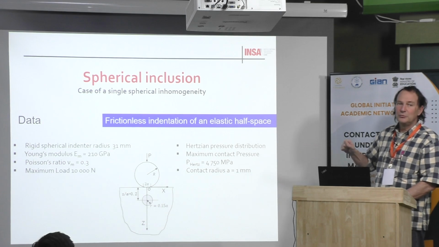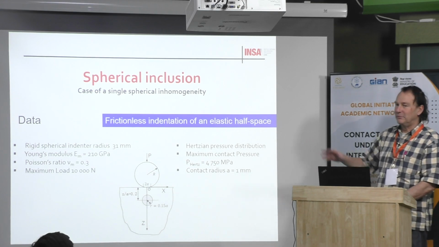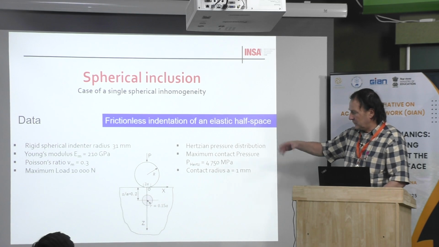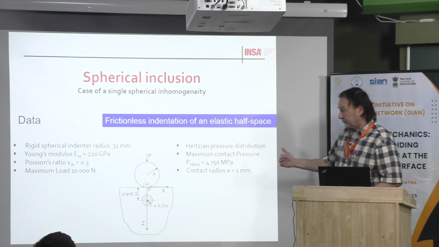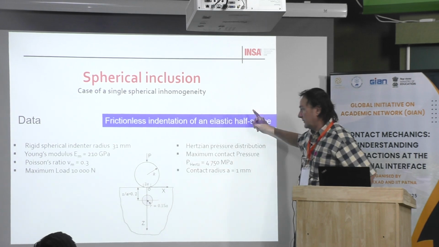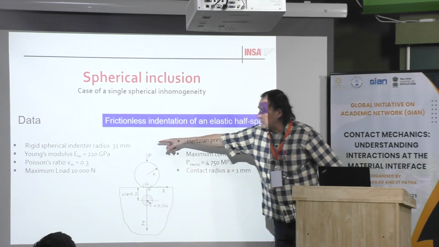We are not allowed to tell the exact application, the material, and so on. So when we publish papers, it's always very simple: a sphere on a flat surface with some basic steel. Okay, so in this application, we have a steel material. This is the radius of the ball here, which is 31 millimeters.